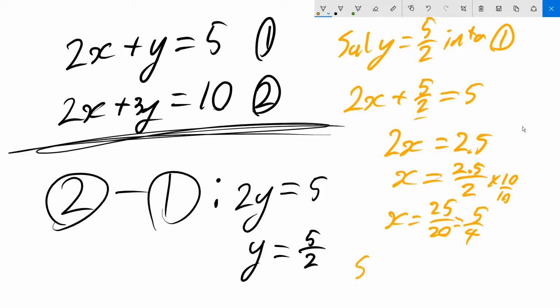And then we write our solution, and that's our x value 5 quarters, comma, and our y value 5 over 2, and that's our solution there.